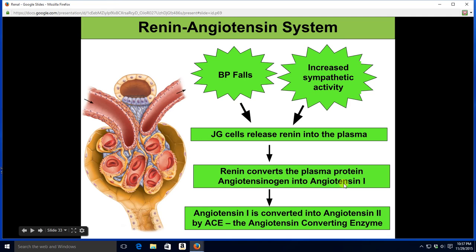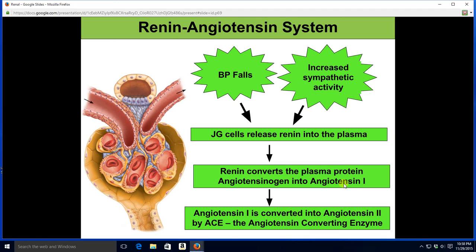It's called angiotensinogen. It's made by the liver. You know that the ogen at the end of a word often indicates that it is an inactive form. We saw that with pepsinogen. We saw that with fibrinogen. Now we see it with angiotensinogen.